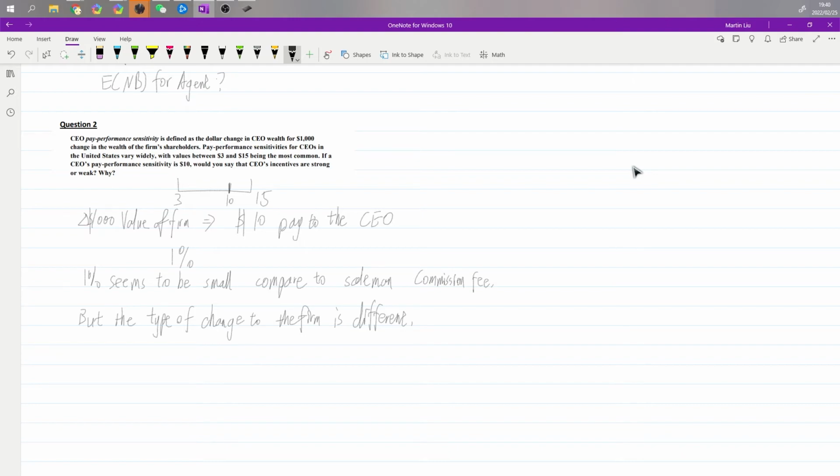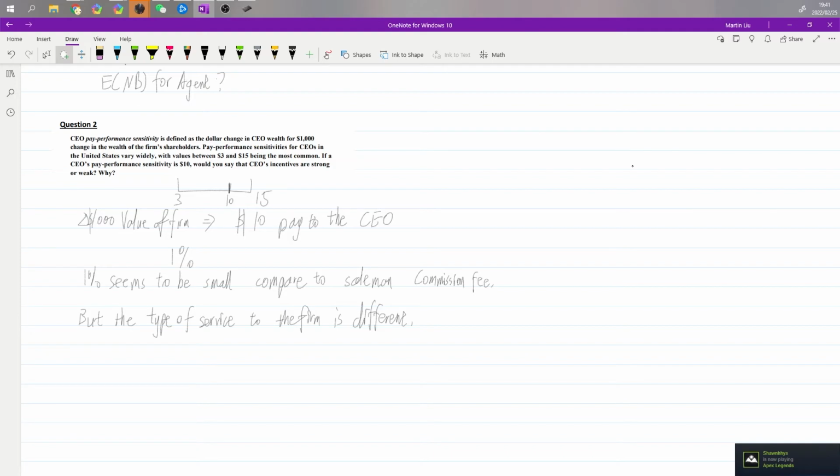So the type of service to the firm is different, and that is why the CEO is receiving only 1% of the change in value for the entire firm. While the salesman or each department only receives commission or additional performance payment for what they are responsible for.